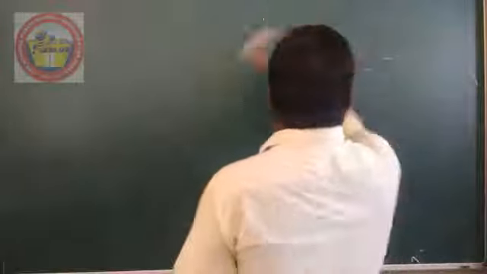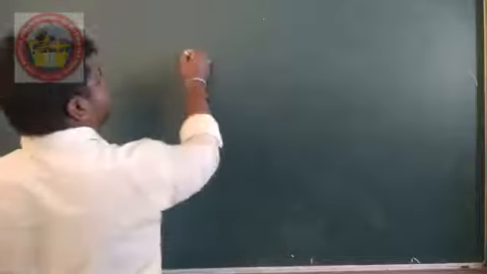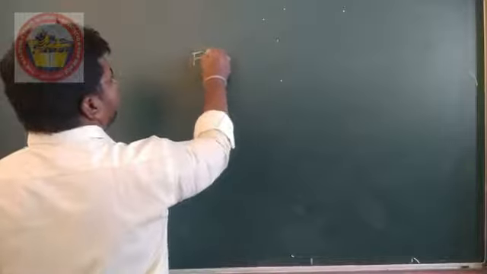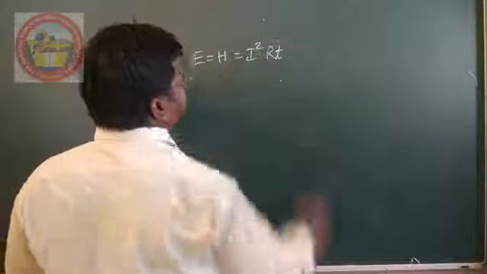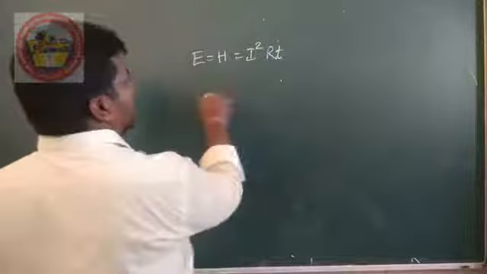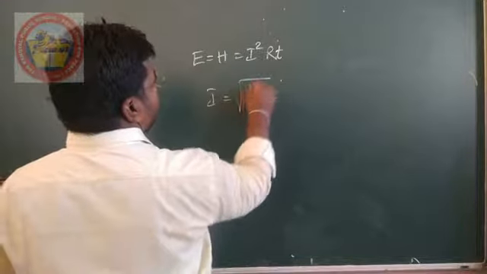Finally, we can conclude that electrical energy or heat energy is given by I square RT, and from this, current I is equal to root of H by RT.